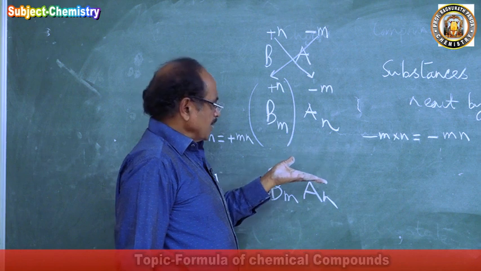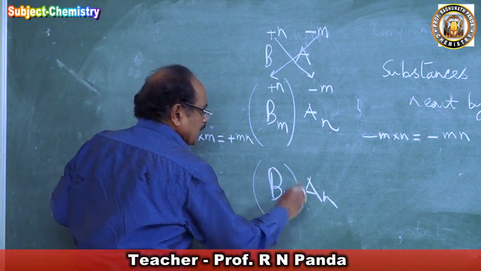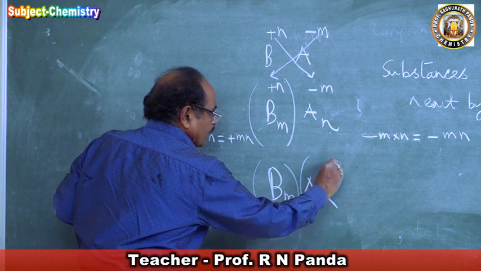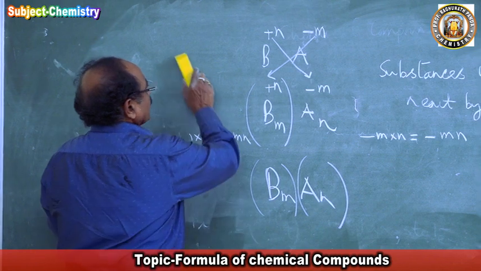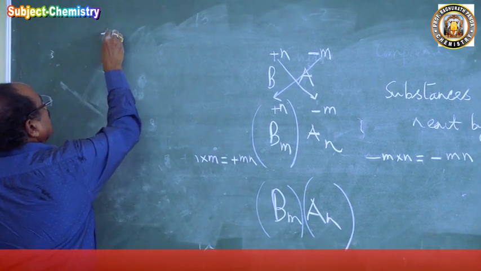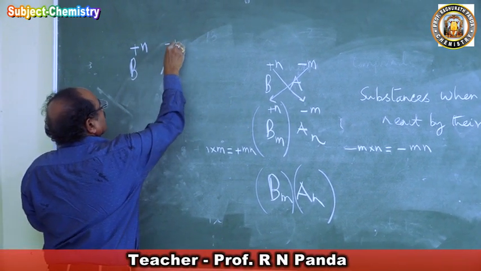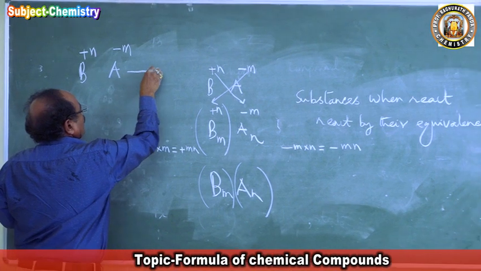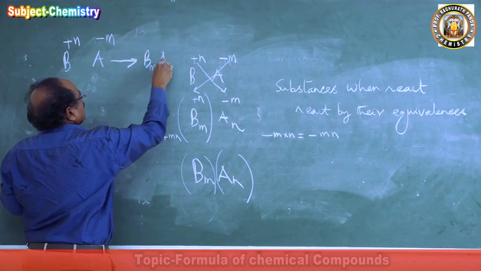Plus Mn minus Mn is 0. So M atoms of B will combine with N atoms of A to form the molecule. So what formula did we get now? First we write the basic radical B^N+, then we write the acid radical A^M-. So the formula will be, we will get M here, BMAN.